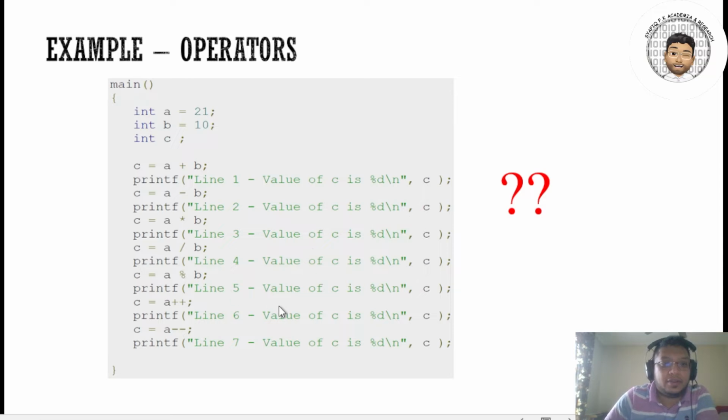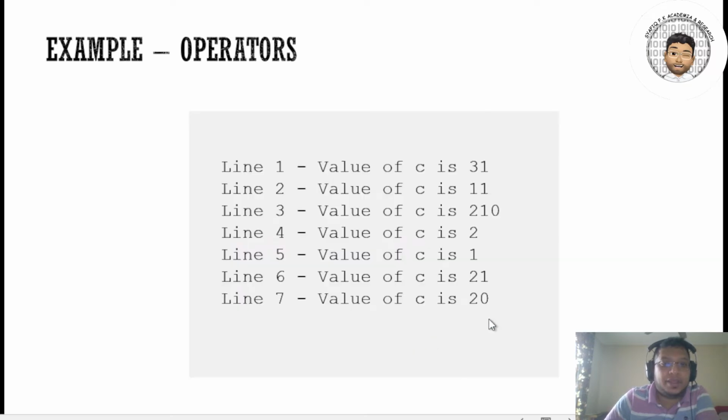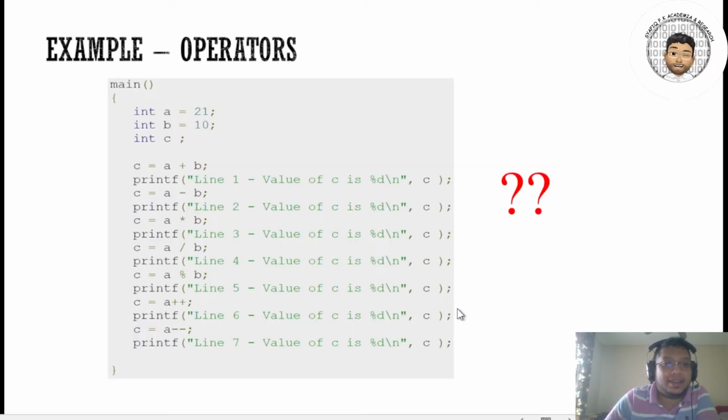Then you have line 6, C equal A plus plus, and the answer is 21. If you put A minus minus, the answer is 20. Why are they 21 and 20?